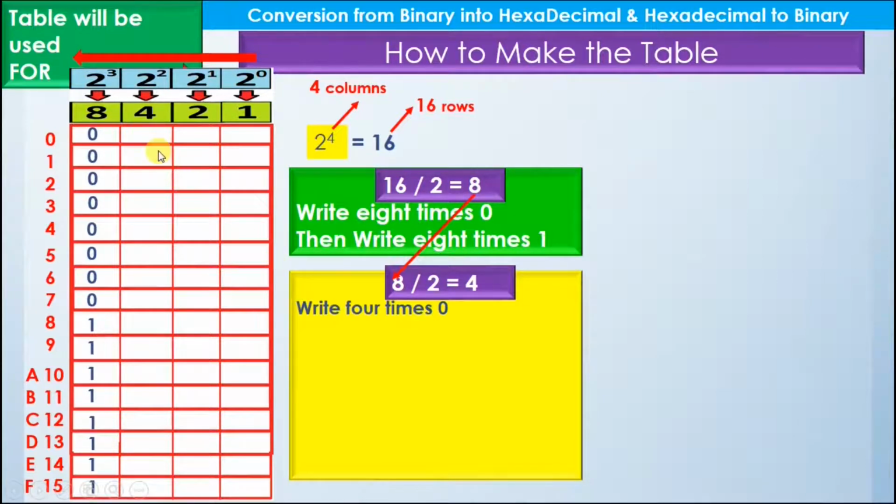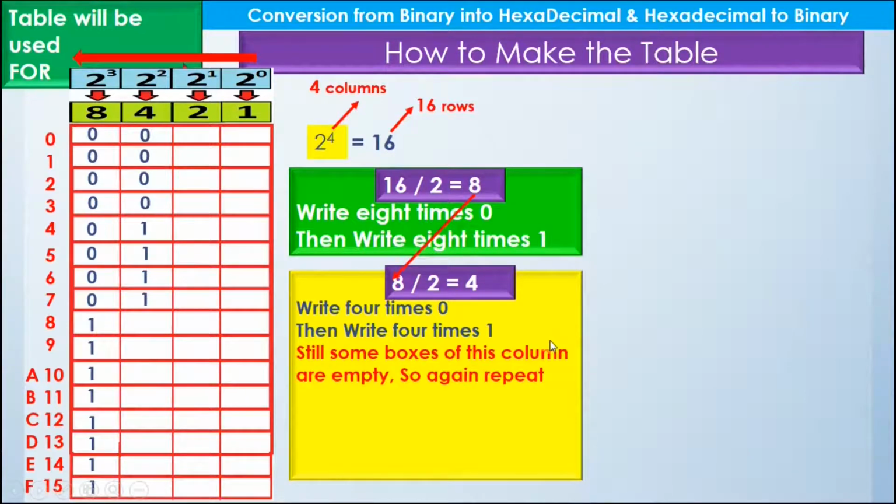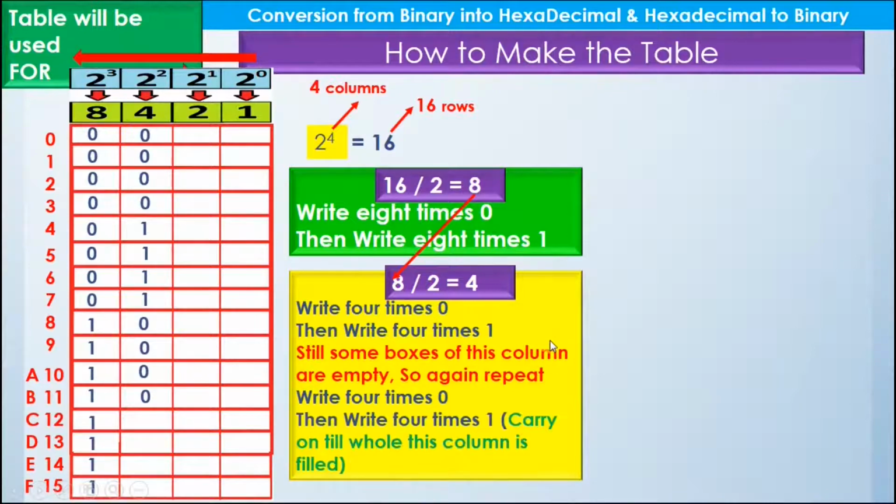So 4 zeros come here and then we will write 4 times 1. So 4 ones come here. Still some boxes of this column are empty. So again repeat the same procedure. Write 4 times 0. 4 zeros come here and again write 4 times 1. So 4 ones come here. Now the column is full.